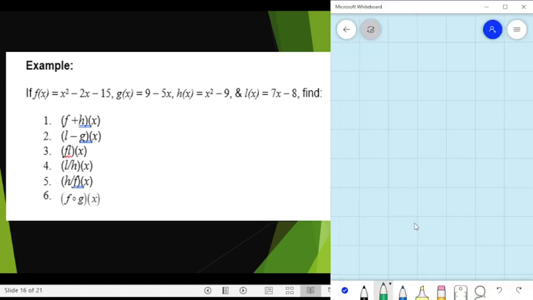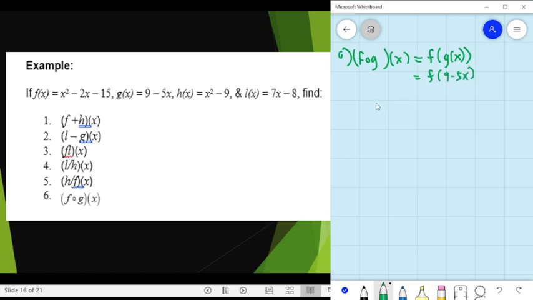Number 6. Number 6 is f circle g of x. Okay, so f circle g of x is the same as f of g of x. Since g of x is 9 minus 5x, it should be f of 9 minus 5x.